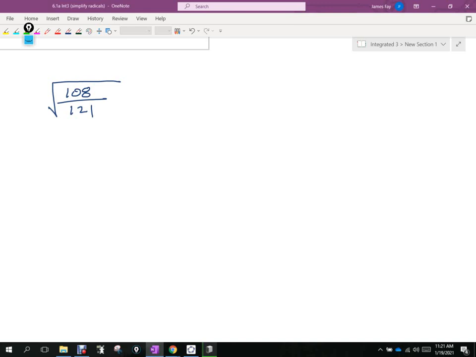Which is nice. But you might not recognize your perfect squares right off the bat. So what we would do is rewrite this as radical 108 and radical 121, right? So now take your 108. What are two numbers that multiply together to give me 108?